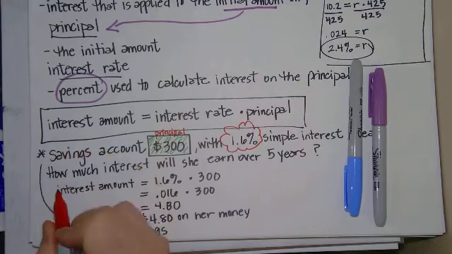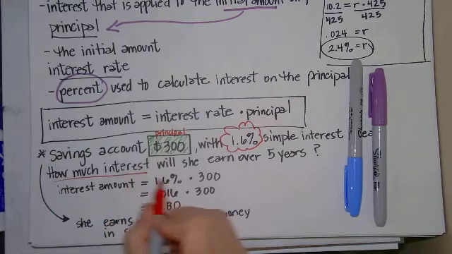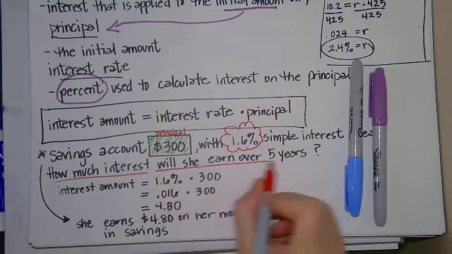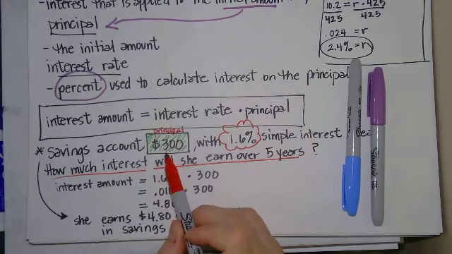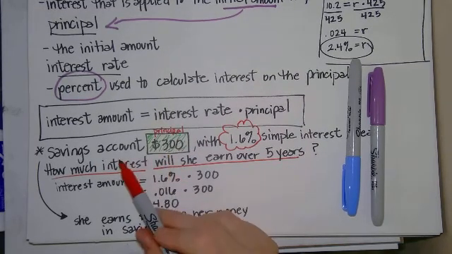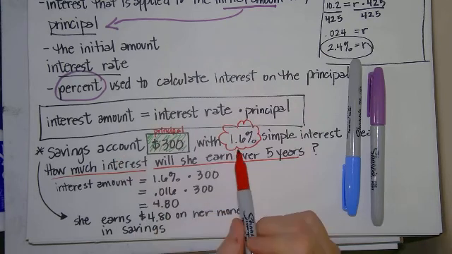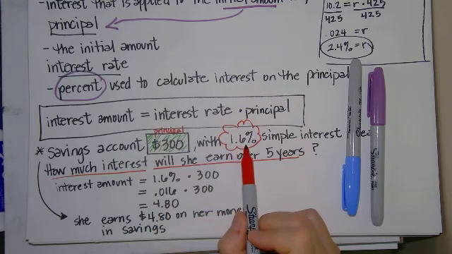The question that we're going to answer here is how much interest will this person earn over 5 years? Let's say that this person is you, and you put $300 in a plain old savings account, and it has a 1.6% simple interest rate.